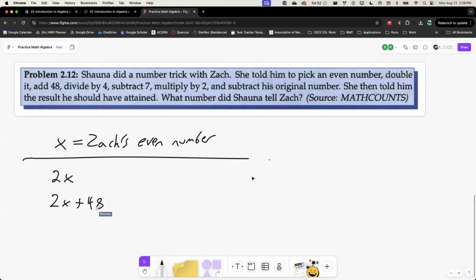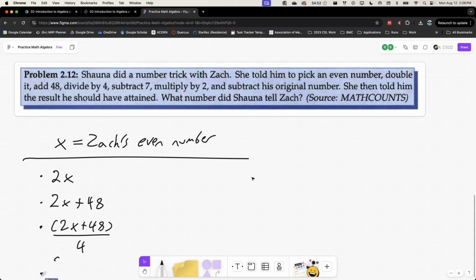After that, she says divide by 4. Let's keep each of these on a bullet point. Because we're dividing everything by 4, we have to assume that everything should be within brackets. So we'll put (2x plus 48) divided by 4, and then multiply by 2.